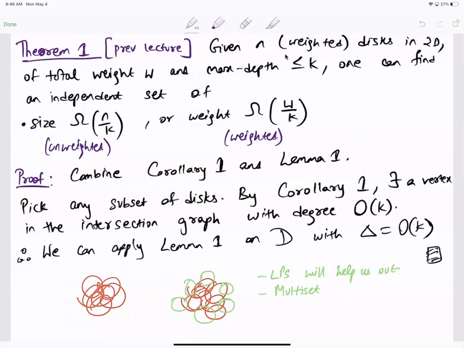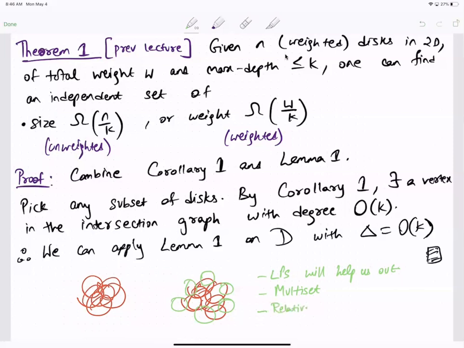You'll see that. What will happen is that on this new multi-set, the max depth will be very small relative to the size of the largest independent set. And then if you apply theorem 1, it can guarantee you a large independent set.